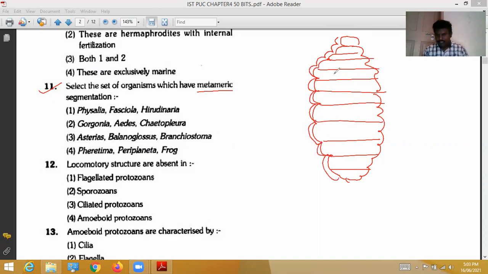Metamerically means what? Completely the body is segmented. So that is called metameric segmentation.